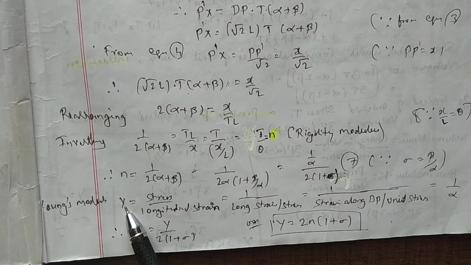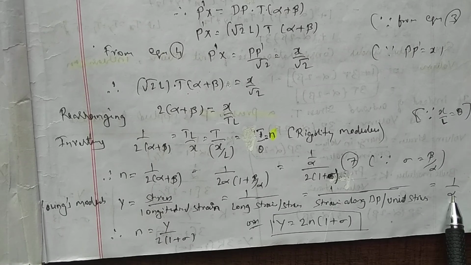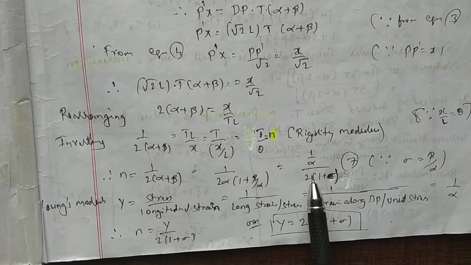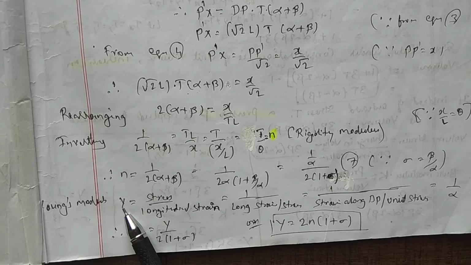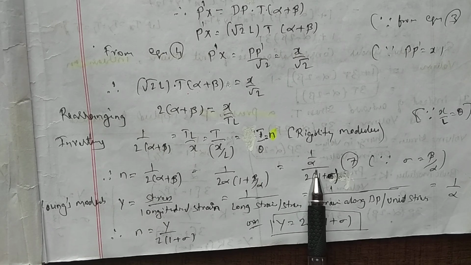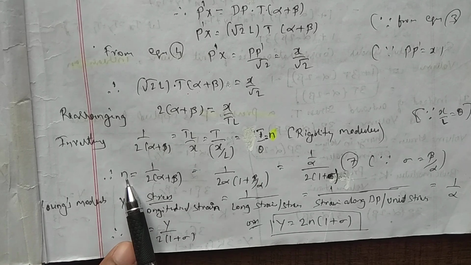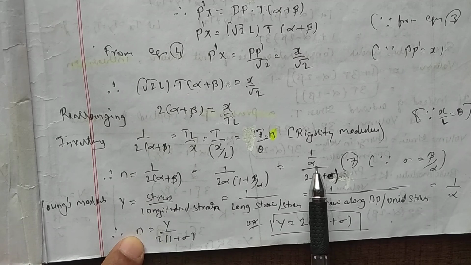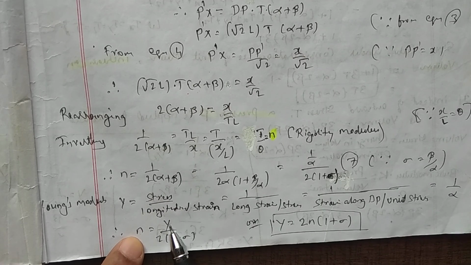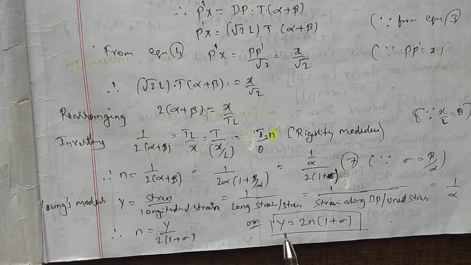Therefore 1 by alpha is the Young's modulus. Now equation 7 may be written as N is equal to 1 by alpha, which is Y, divided by 2 into 1 plus sigma, or rearranging the terms we get Y is equal to 2N into 1 plus sigma.